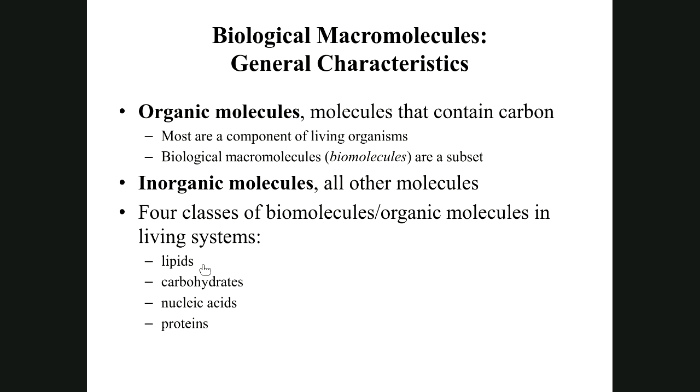First, we've got lipids, which are fats and oils. Then we've got carbohydrates, which are more sugars and starches. We have nucleic acids, which we discuss last because these are very specialty molecules. Each one does something very special. Nothing else in the body does it. And then we have proteins, and proteins are the biggies.